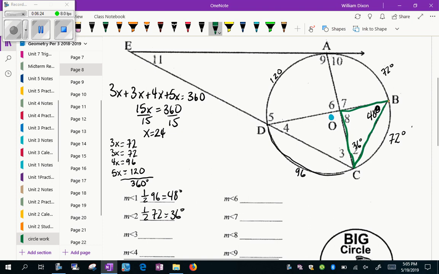I know that the 3 angles of a triangle added together have to equal 180 degrees. So I know angle 3 has got to be 96 degrees, because when I add 36 plus 48 and subtract from 180, it's 96. Now, something else you should see.